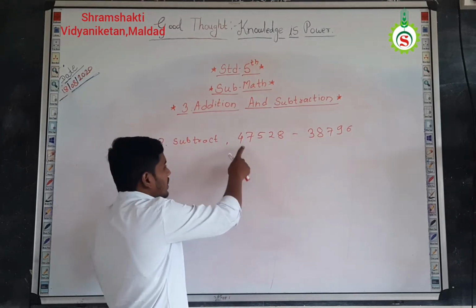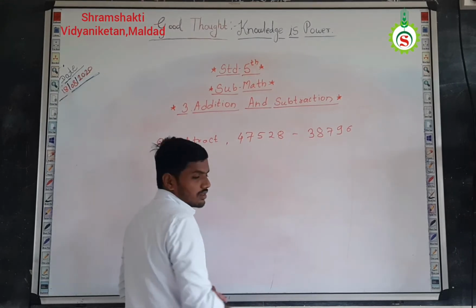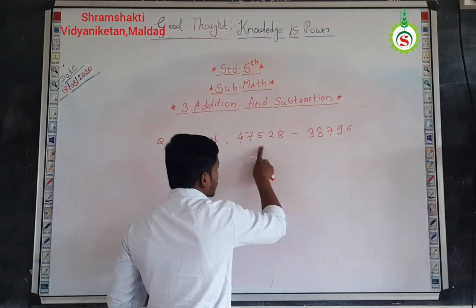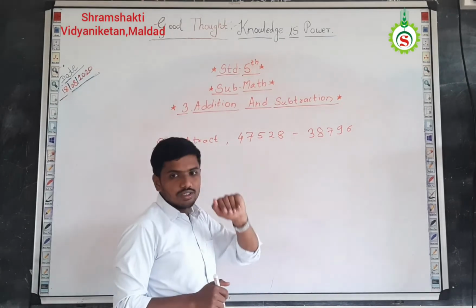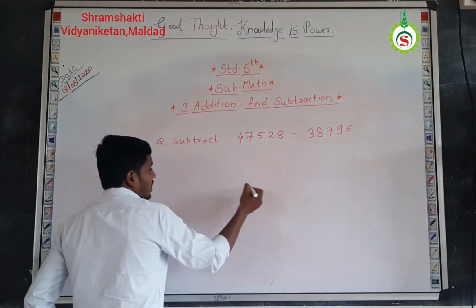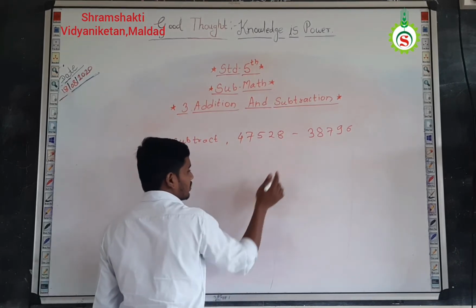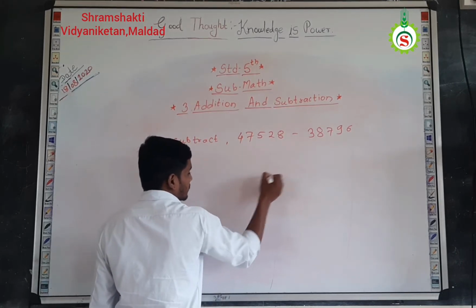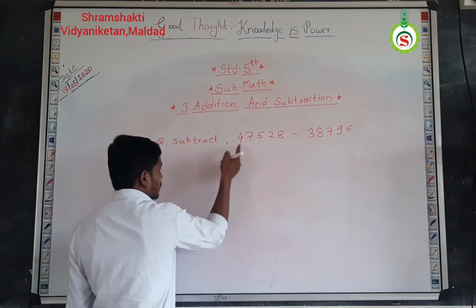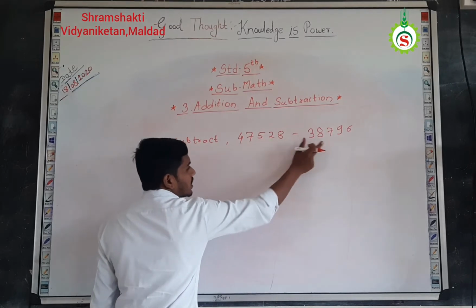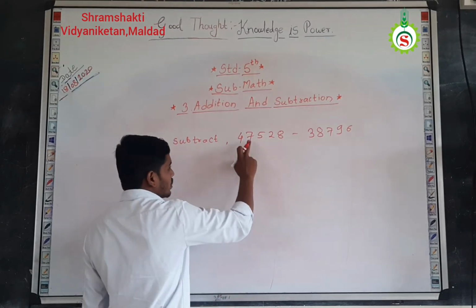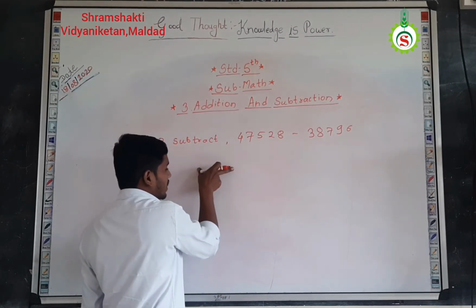That means we have to arrange that example into vertical form first. Both the numbers are 5-digit numbers, so that is subtraction of 5-digit numbers. Subtraction is always larger number minus smaller number, so I have to write the larger number at the upper side.